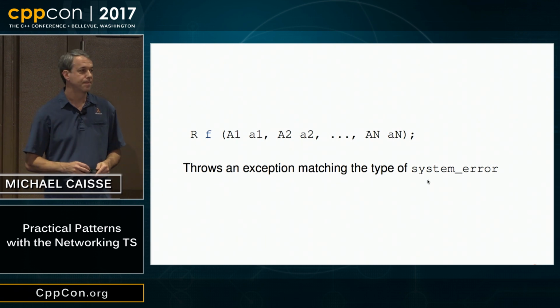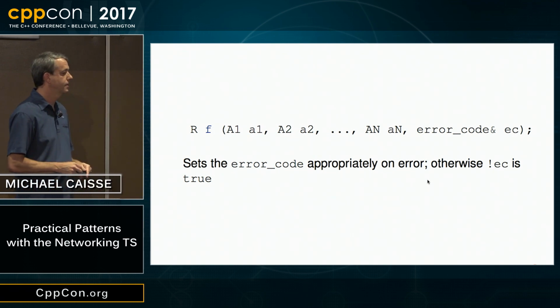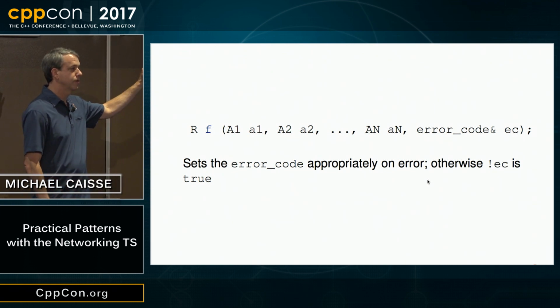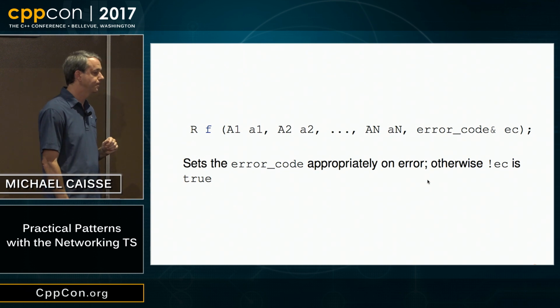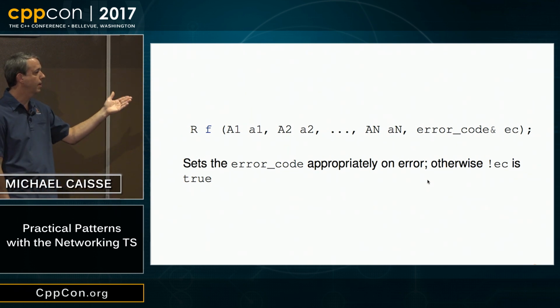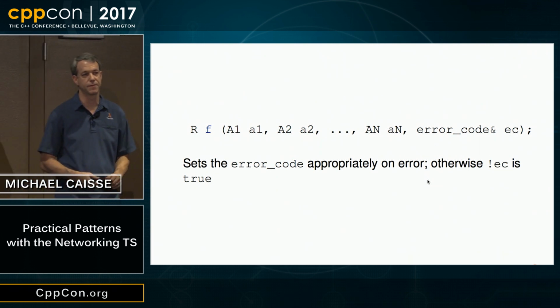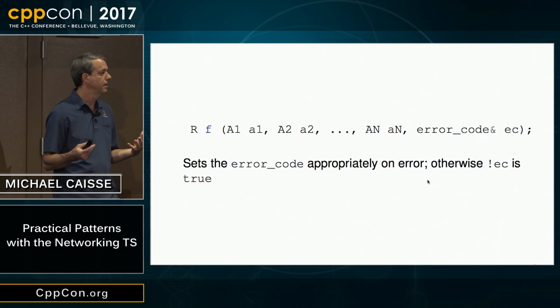So if you don't provide an error code, like this signature, you're going to have an exception thrown. With this signature, you're going to provide the error code. A reference to an error code will be taken, and the error code will be set if there's an error. And you can test afterwards. If there's not an error, you can do something.